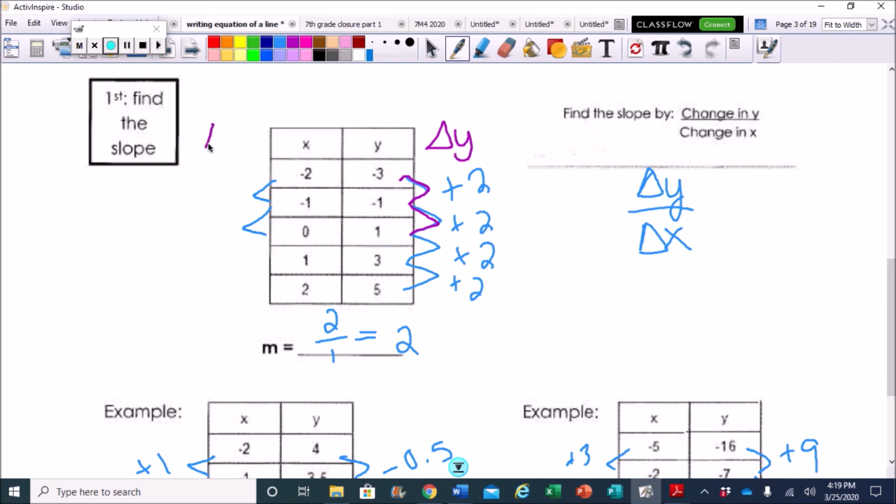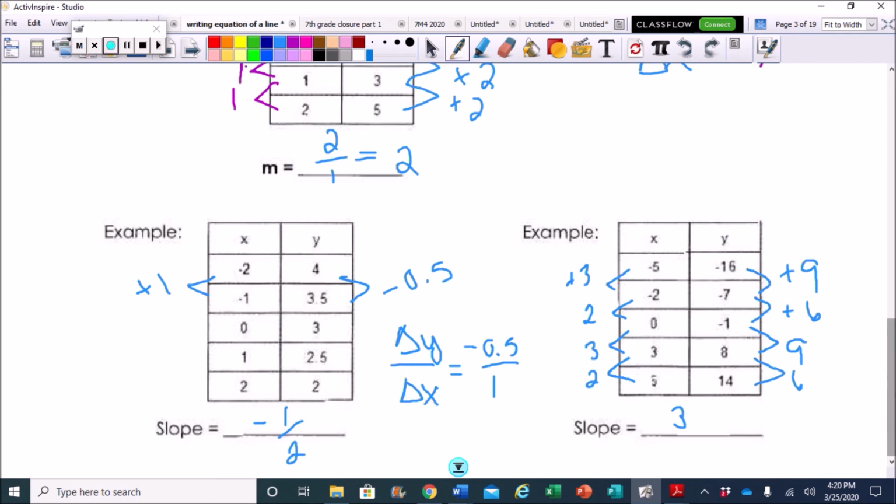Now for my delta x, it's going from -2 to -1, that's going up by 1. -1 to 0 is up by 1. 0 to 1 is up by 1. And 1 to 2 is up by 1. Now sometimes I know that the negatives are kind of harder to tell. So if you're not sure, come down a little bit more and check out these lower values and then go back and double check the upper ones. So my delta y over my delta x is 2/1, which is then 2.